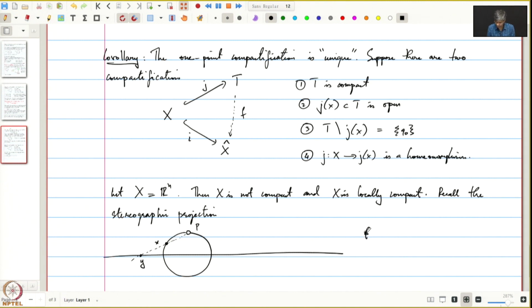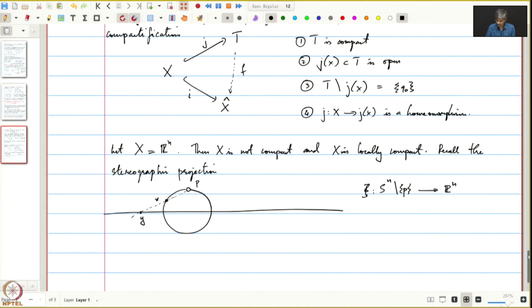So the stereographic projection phi is from S^n minus the north pole P to R^n, and we had seen that phi is a homeomorphism.